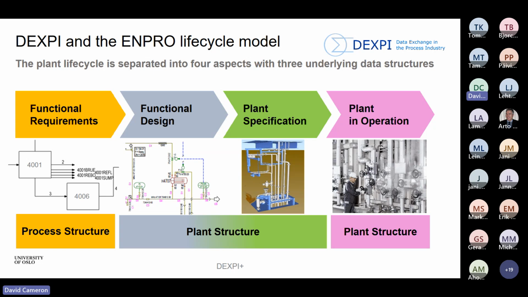It's exactly from a functional design to plant specification to plant in operation, exactly the same box as was shown in the previous presentation around maintaining information along the life cycle for the functional artifacts. The difference in approach is that we have these functional systems which are not deliberately tied to pieces of equipment. They are functional requirements for an assembly of equipment that you're going to have to realize.